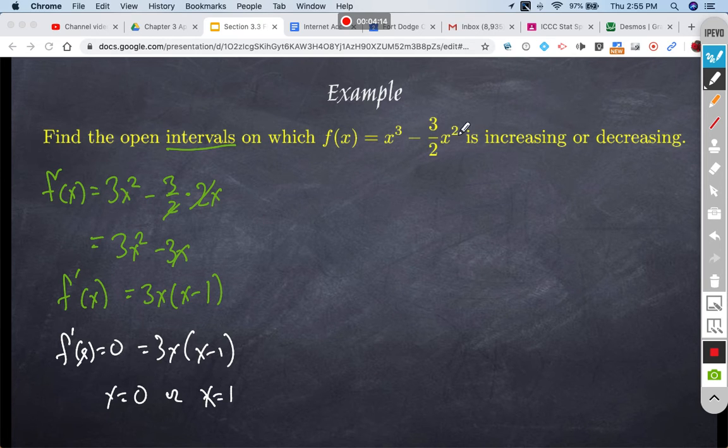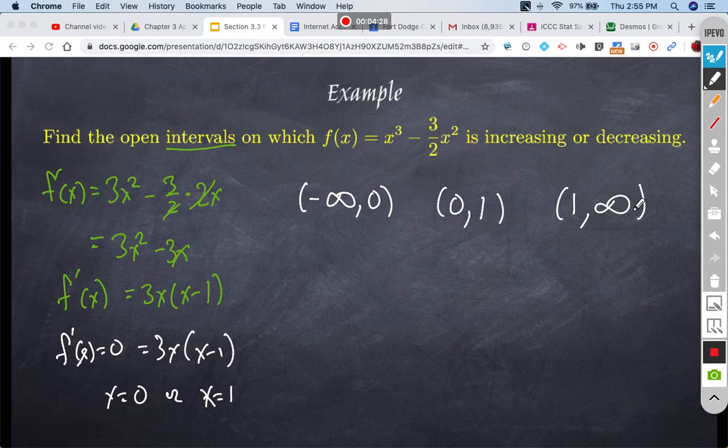So I can break this function into 3 intervals. We can go negative infinity to 0, 0 to 1, and 1 to positive infinity. Because nowhere inside any of these does the derivative hit 0, so nowhere can it switch from positive to negative or back and forth.